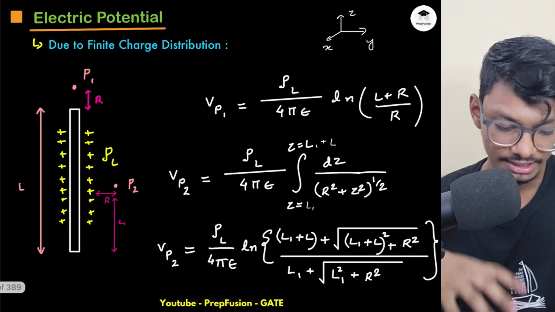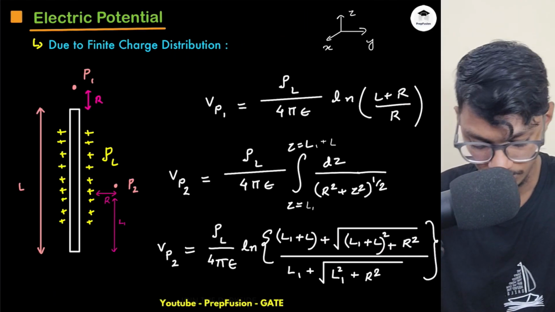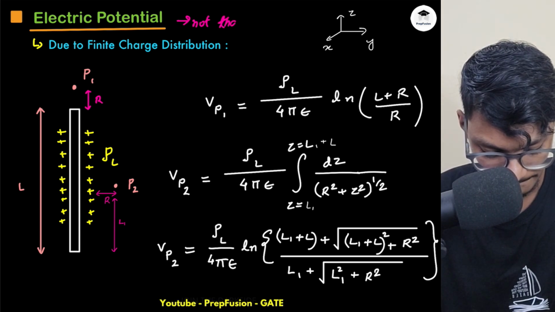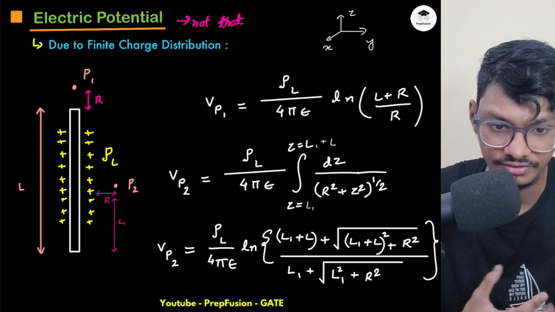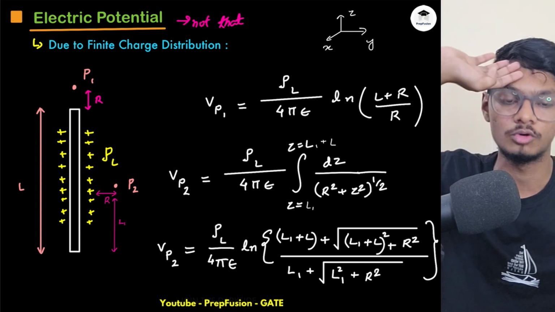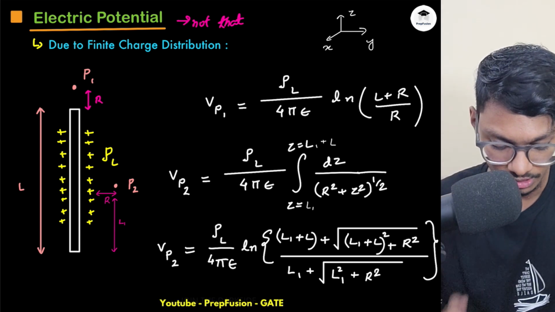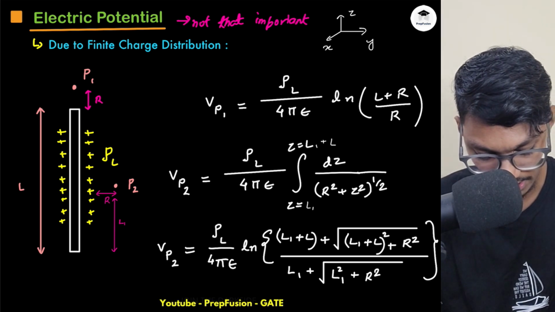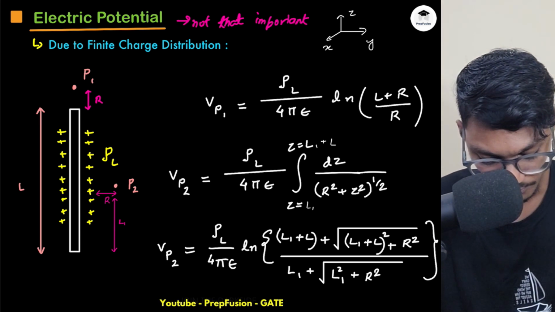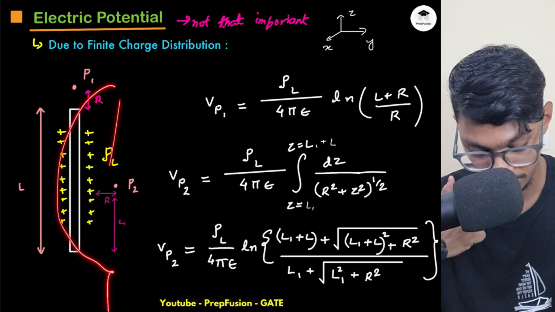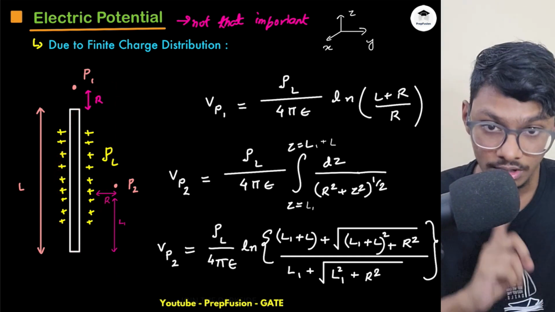This first one is not that important, because the derivation is a bit difficult, so I have already written it down, and it most probably will not come in your examination. Still, if you want to know the formulas, you can: how do I compute the potential at point P2 for a finite line charge in the non-symmetrical case?